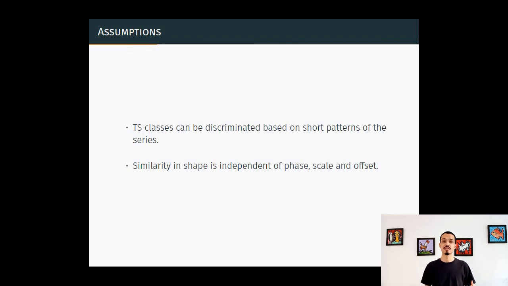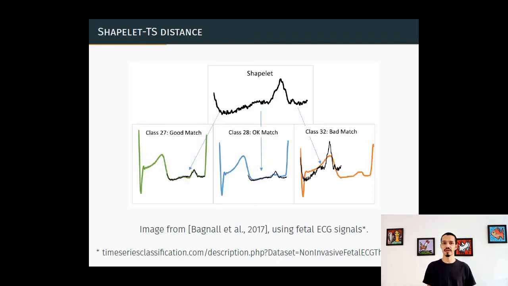The distance, the similarity between shapelets, is considered to be independent of phase, offset, and scale. This means that the short patterns may be found anywhere in the time series, and that addition and multiplication by constants won't affect the similarity measure.